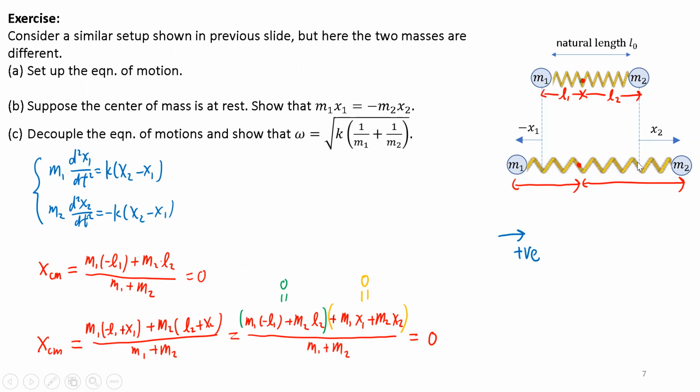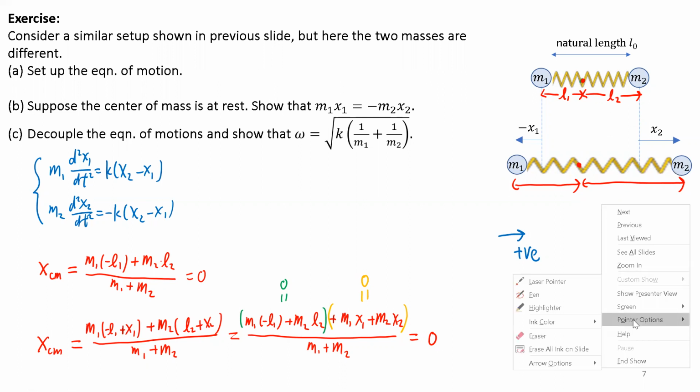If you are seeing what I have in this picture, remember that x1 and x2 are referring to displacements. Displacement itself can be both positive and negative. For example, if I look at this m2, going from this point, if it is moved to this point, x2 is a positive number.